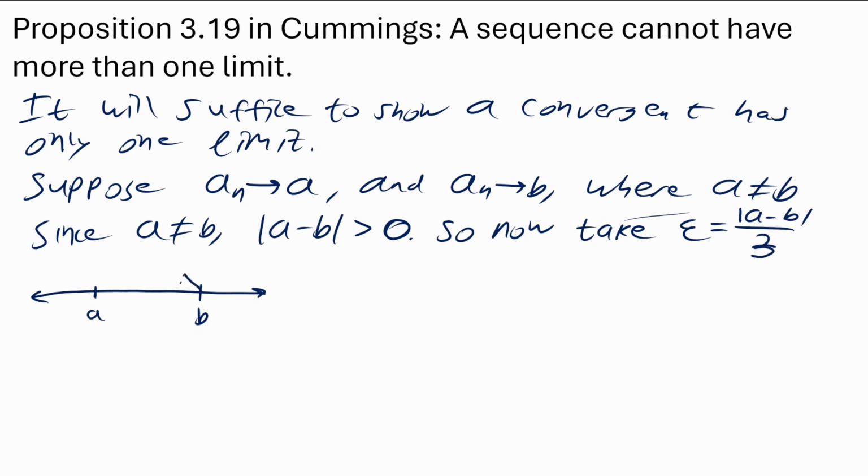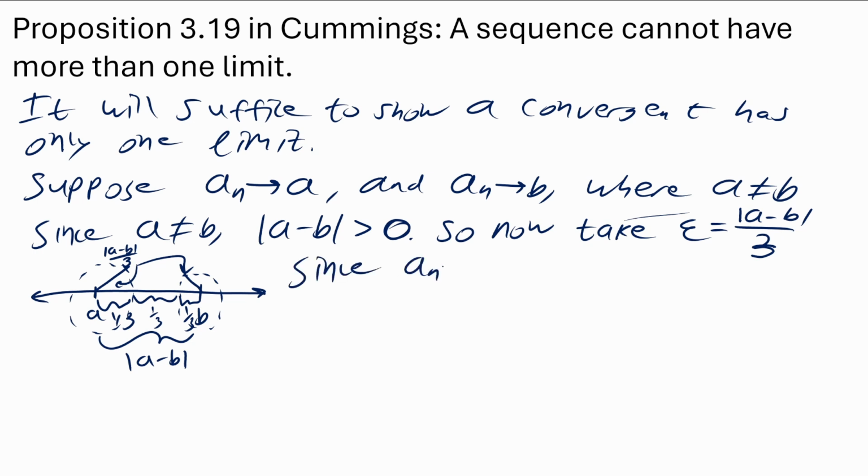So we're going to draw a little bubble around these two where the radius of both is the distance between A and B divided by 3. Okay, that means this whole thing is the distance between A and B. That right there is a third of it, and that right there is another third of it. So there should be another 1/3 of it in here where these bubbles don't touch at all.